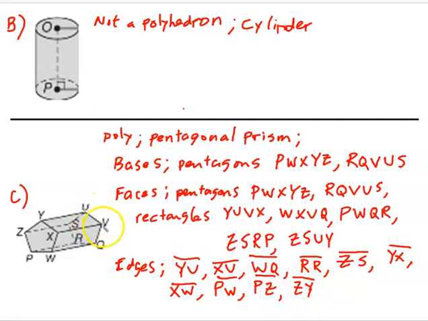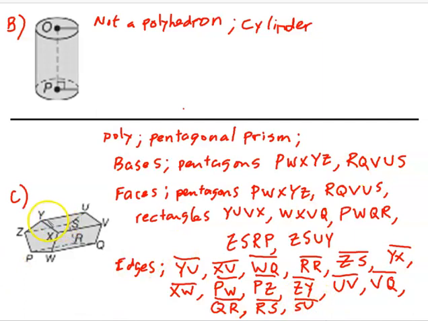And then around the other end, the other base, UV, VQ, QR, RS, and SU.